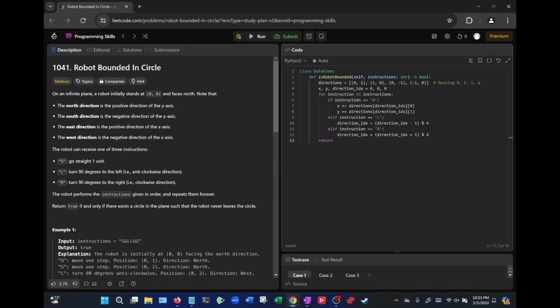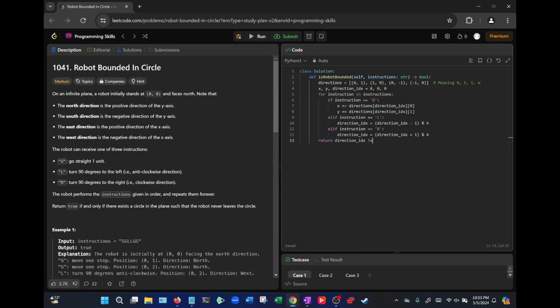It needs to be facing north and not at the origin. And the negation of that is the direction index needs to be not equal to 0, or the direction is north and we're at the origin.